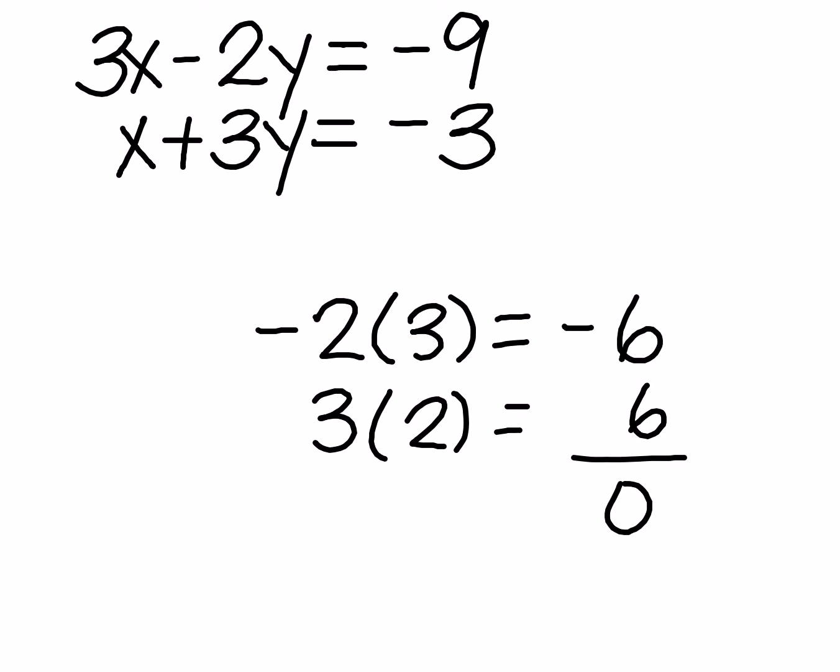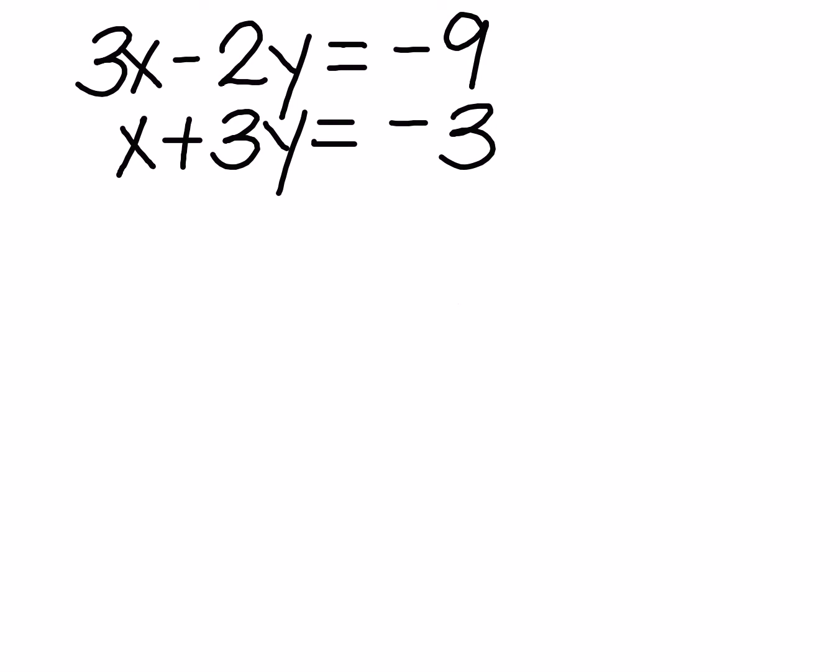So when you run across a problem like this, all you have to do is take my number here and multiply it to this number, and then take my number here and multiply to this number. And because the signs are already different, I don't have to play with the signs, because we always want the signs to stay different. So I can take the 3 and multiply it by the 2, and the 2 and multiply it by the 3 to get negative 6 plus 6 to get 0. So that's one way I can do that.